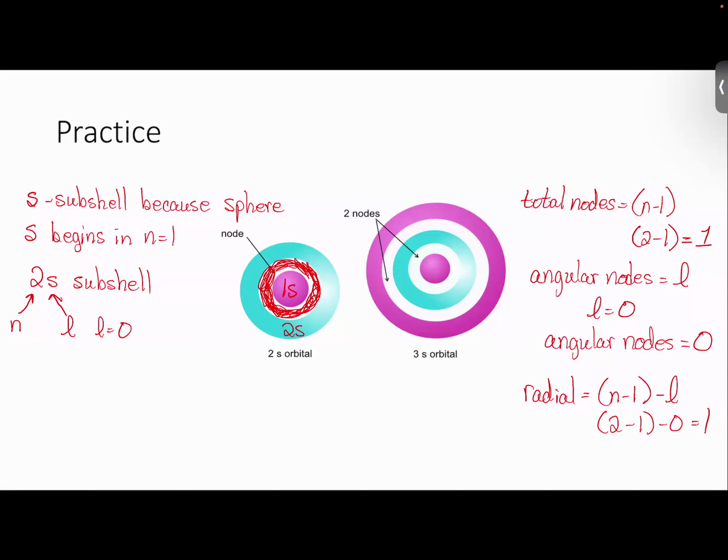I would do something similar for the next one. Again, I see it as a sphere, so it's an S subshell. I know S begins at 1. So that means that this is a 1S, the blue is a 2S, and the next one out is a 3S orbital.